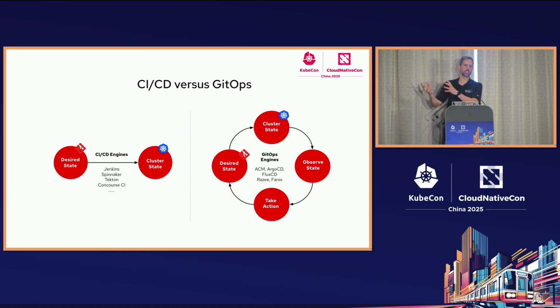So if something changes on production that wasn't defined in your desired state, then our GitOps engine, ArgoCD or another tool, can make sure that that gets mitigated and that your desired state matches your production state, or at least can notify you that there's something different.